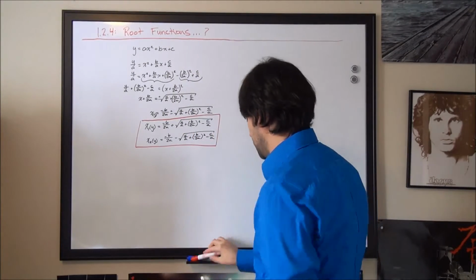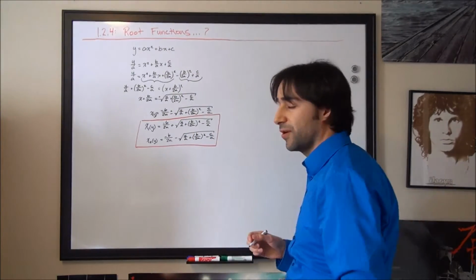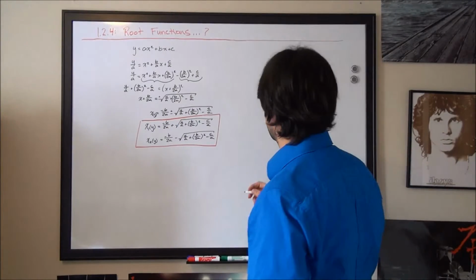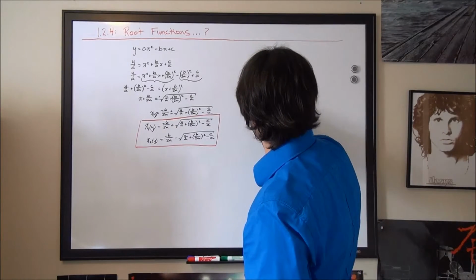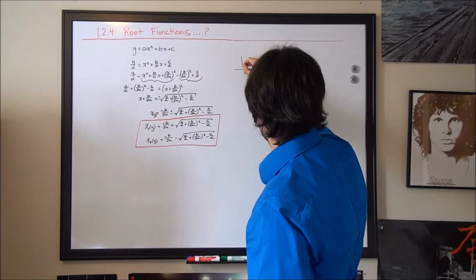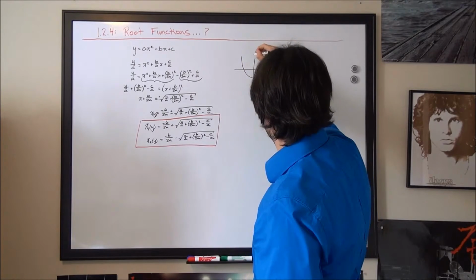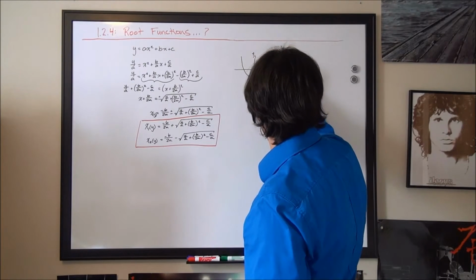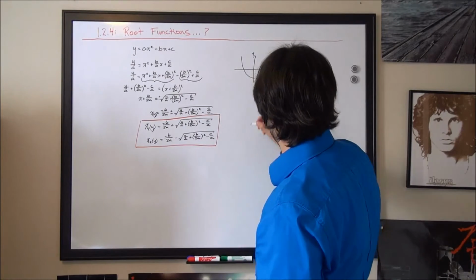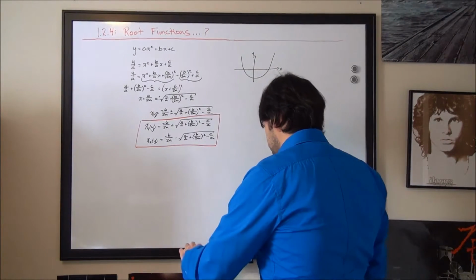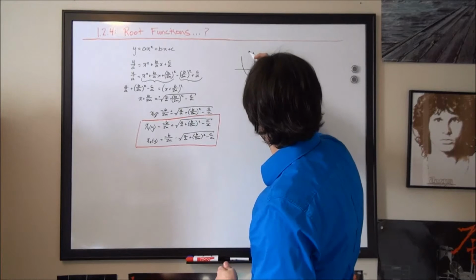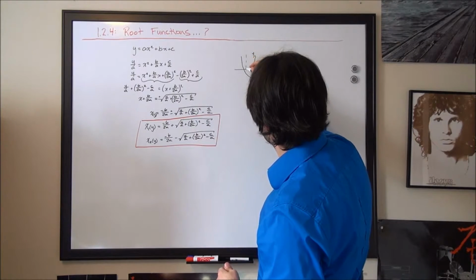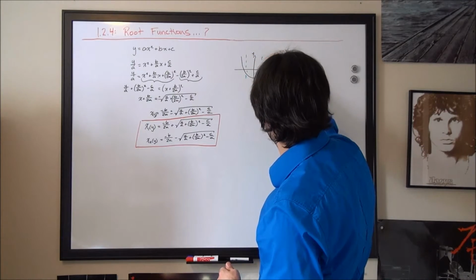This makes sense because if you remember the horizontal line test and the vertical line test, a quadratic function will look like a parabola, like this. If this is y and this is x, for any vertical line that you can choose, this function will only cross the vertical line once.